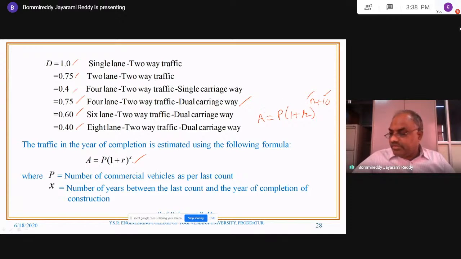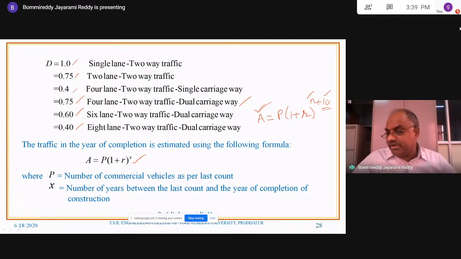Now, this A is the traffic after 10 years of completion of the construction. The meaning of A is the number of vehicles after 10 years of the construction of the highway. Whereas in this case, A equals P into (1 plus R) whole power X; you can use X or small n or any other parameter.